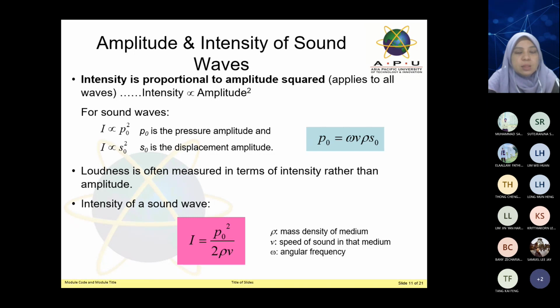Next is the intensity. Intensity is proportional to the amplitude squared. This applies to all waves. So for previous waves also we have learned intensity. What wave did we learn before? I used a torchlight as the example, right? Remember or not? For example, you want to find things under your bed, you use a torchlight.